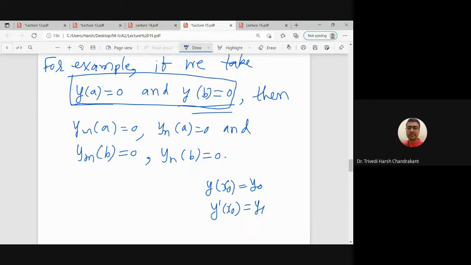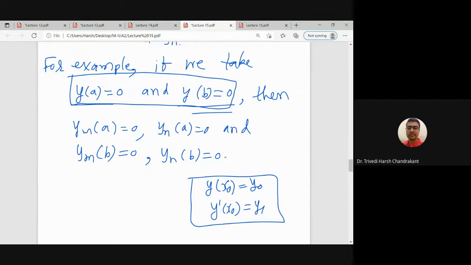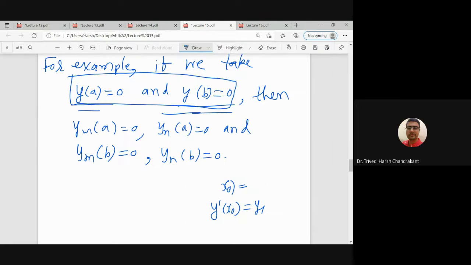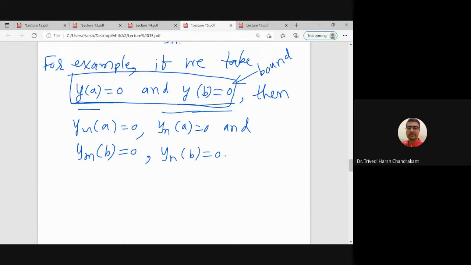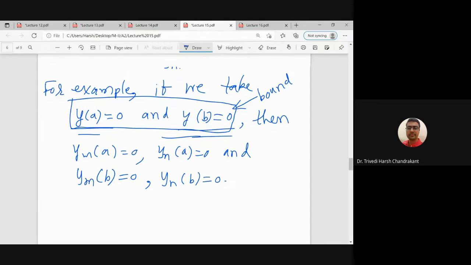But here the condition is slightly different. We are considering y equal to 0 at the endpoints of the interval, and endpoints are basically known as boundary points, right? So such a condition is known as a boundary condition.